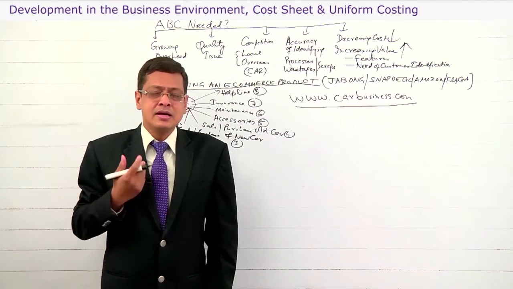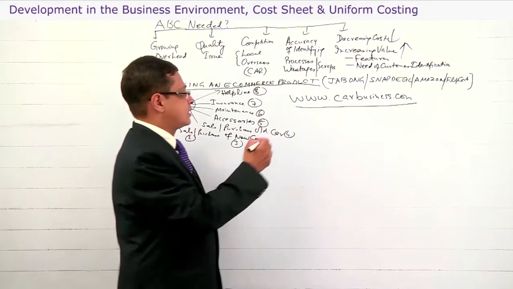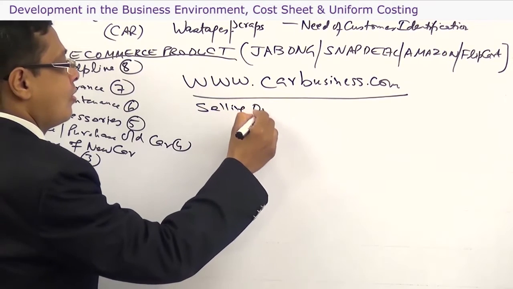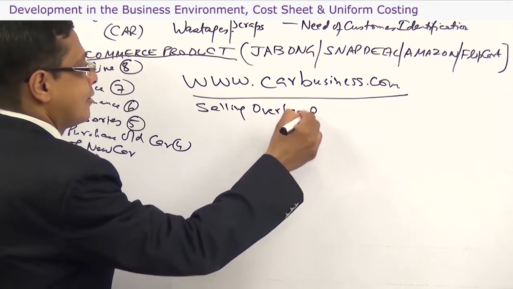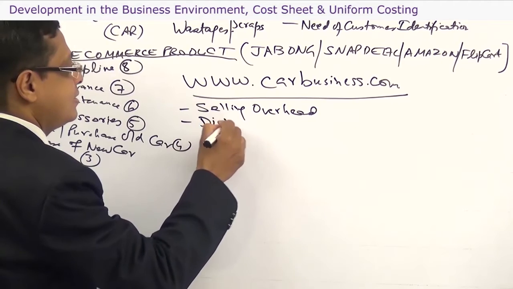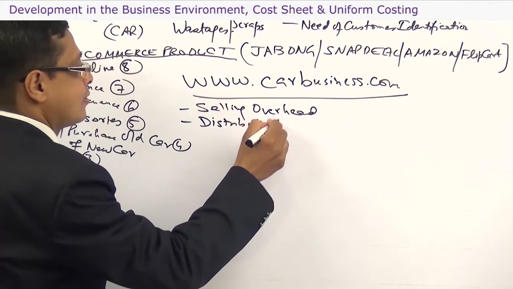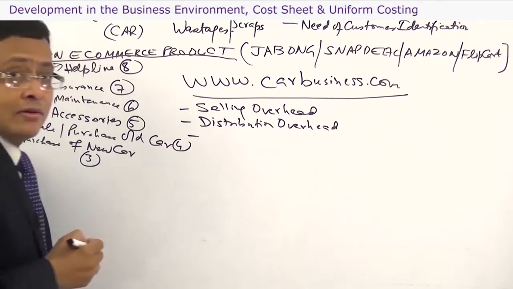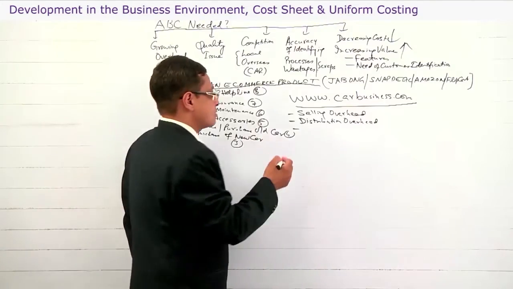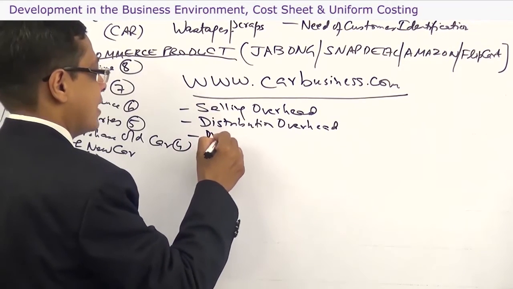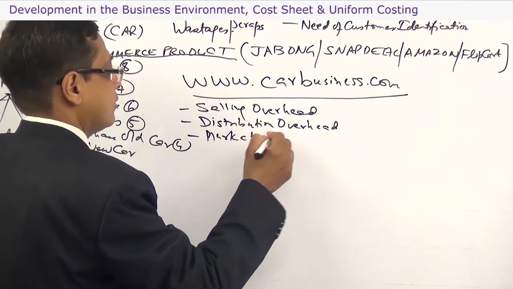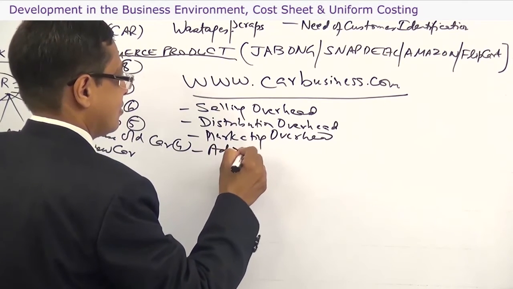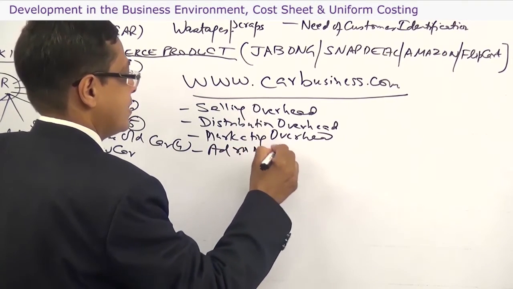So in traditional costing, what will I do? I will try to create different overheads. It can be selling overhead, distribution overhead. As this is a trading and service market, we don't have a manufacturing overhead. Yes, we can have marketing overhead, and we can have administration overhead.